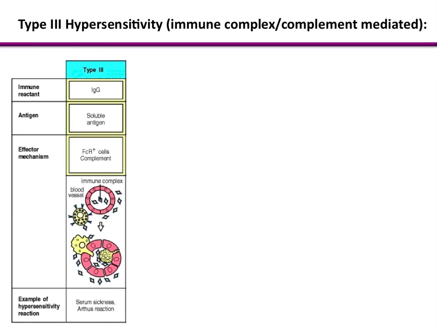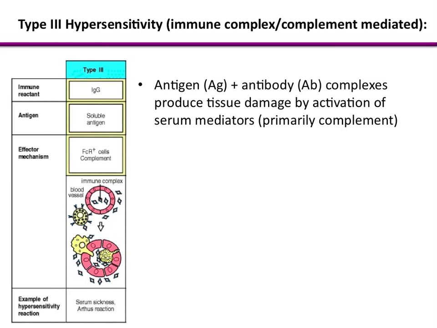Type 3 hypersensitivity, also called immune complex mediated or complement mediated hypersensitivity, is basically caused by antigen and antibody complexes, which cause tissue damage by activation of primarily complement.